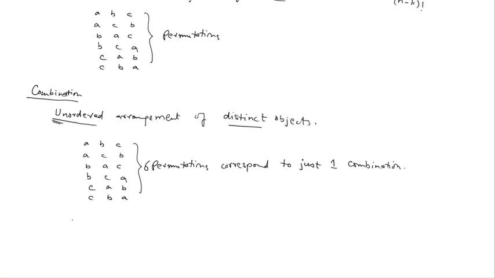6 permutations correspond to just one combination, and now the formula for combinations is, I want to give you a shortcut. You denote combinations using this formula.